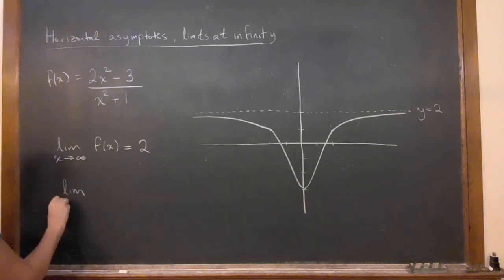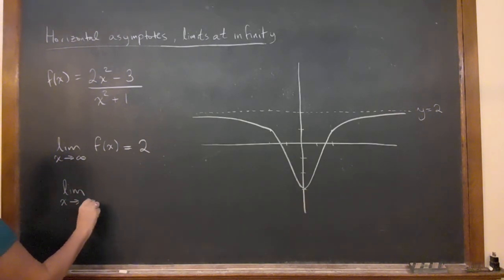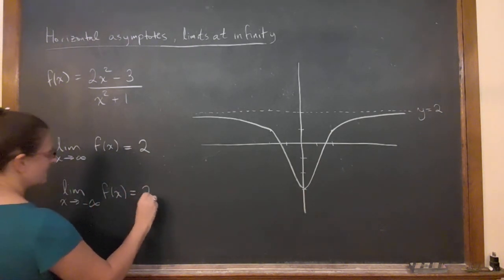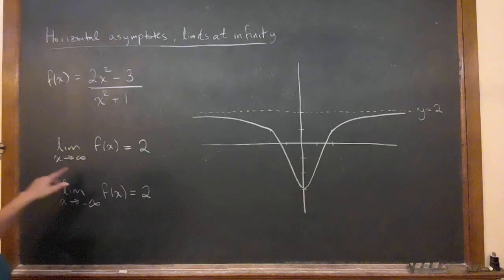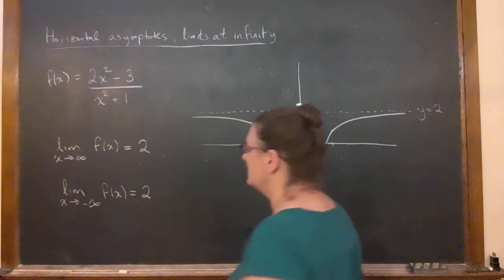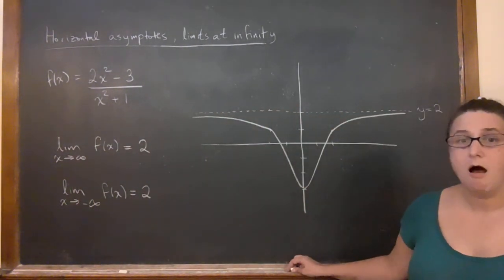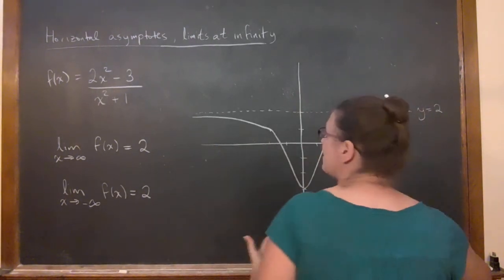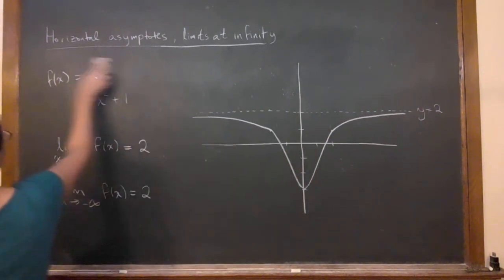In this case, as is the case for most rational functions, the limit to positive infinity and the limit to negative infinity are both 2. Of course, that's not always necessary.